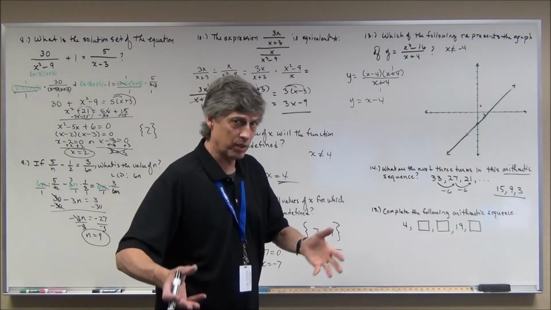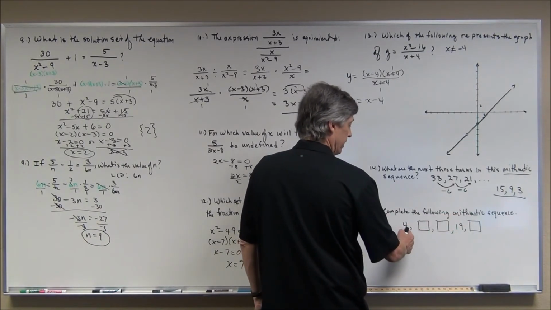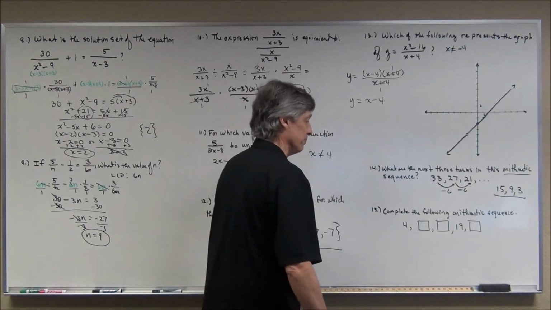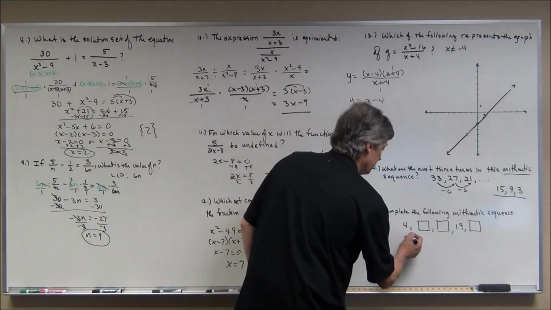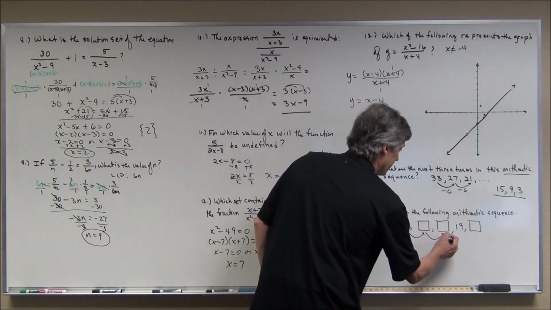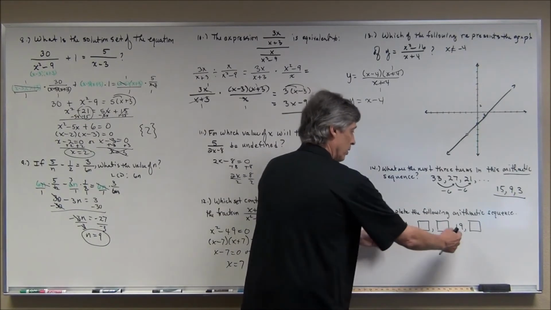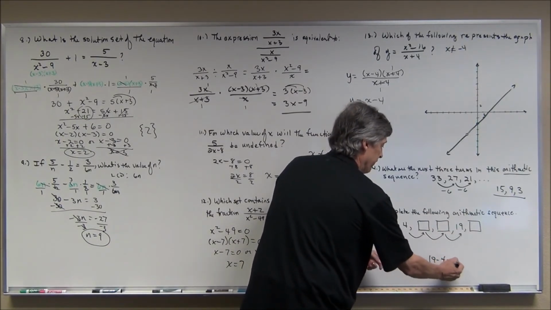Again, it's arithmetic, that's going to help you. You know that it's getting bigger or smaller by the same amount. And look, you go from 4 in the first term to the 4th term, which is 19. But you don't have the common difference. Whatever it is, you're adding it each time to get to 19. The difference between these 2 numbers, 19 minus 4, is 15.